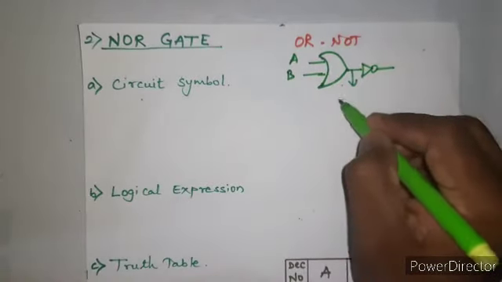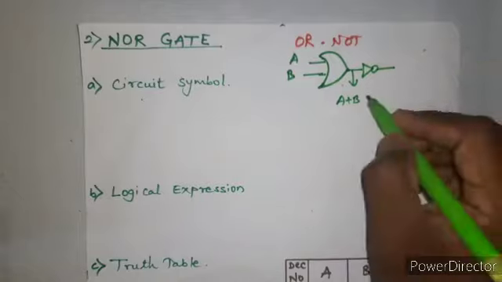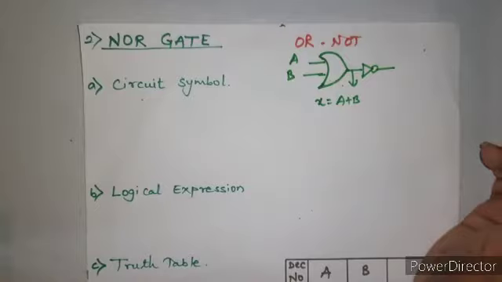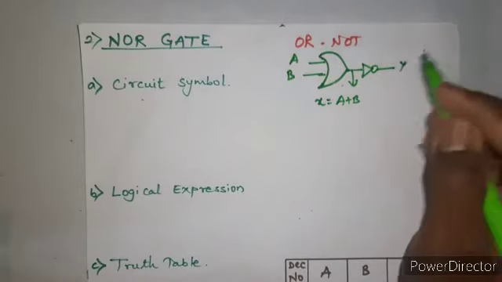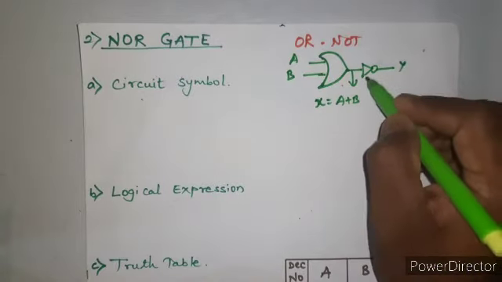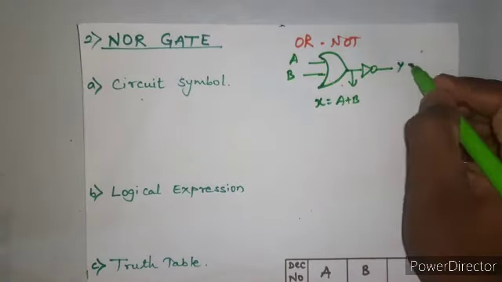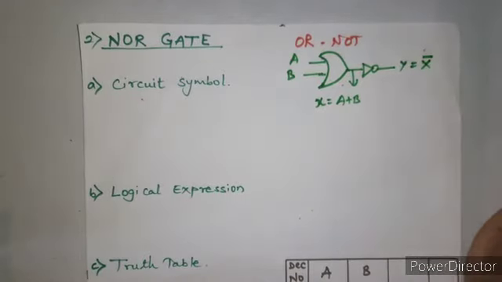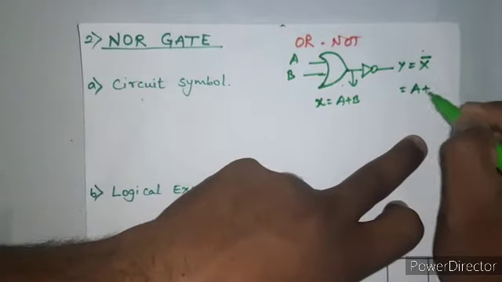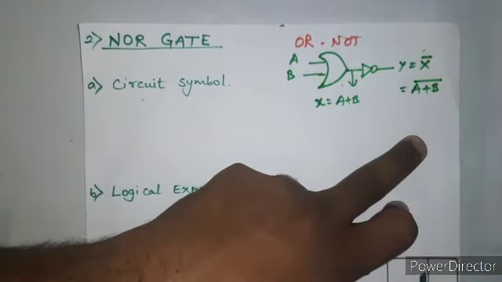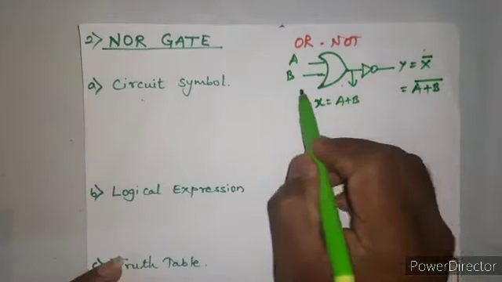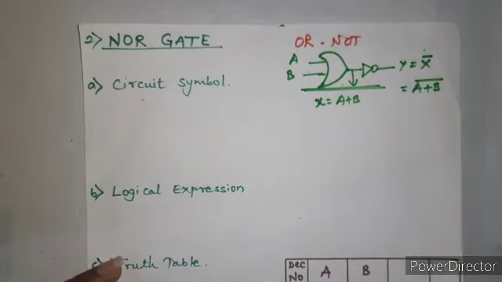So here we get A plus B, so consider this as X equal to A plus B. Now since we have given the X as an input to this NOT gate, so my Y should be X bar, right? And what is X? X is A plus B. So can I write A plus B whole bar? Okay, so this is how the NOR gate is constructed.